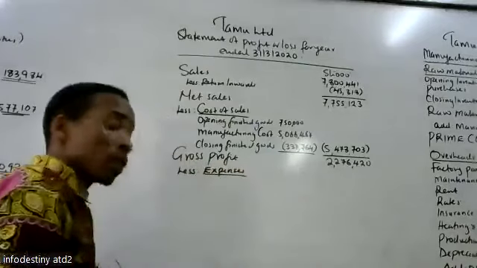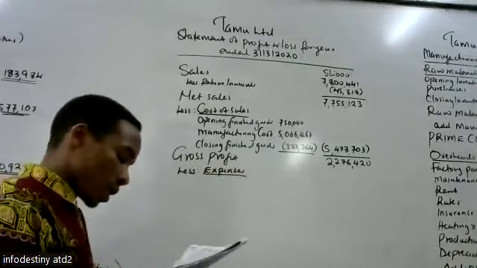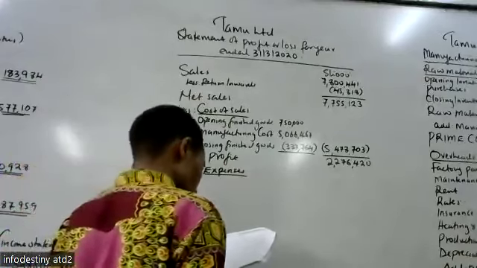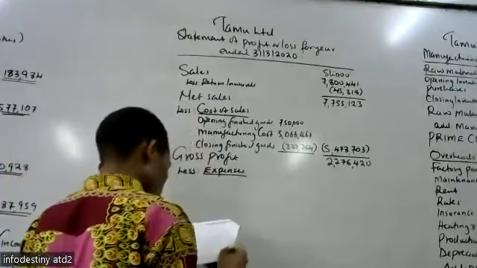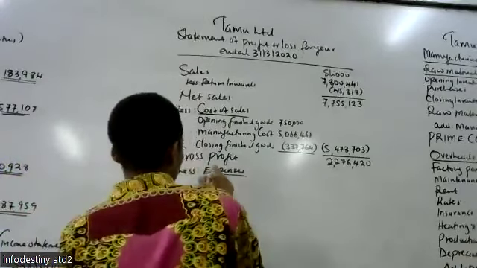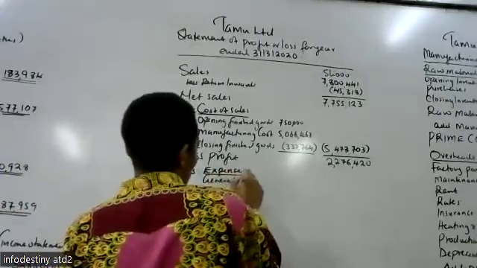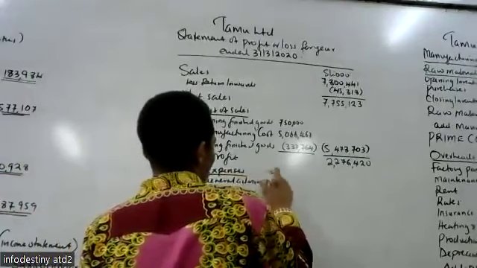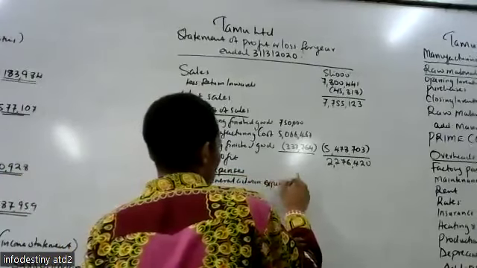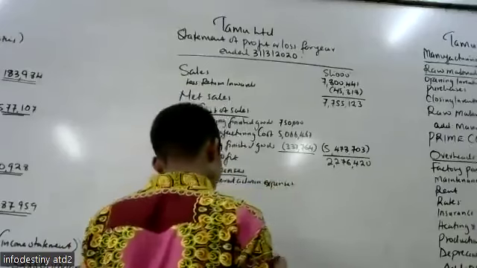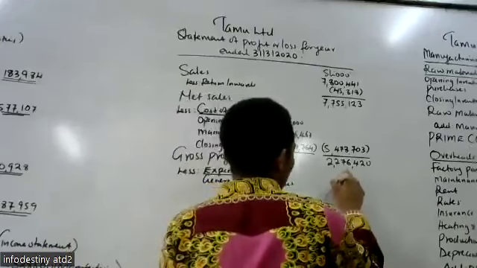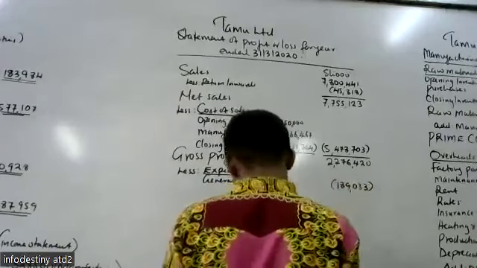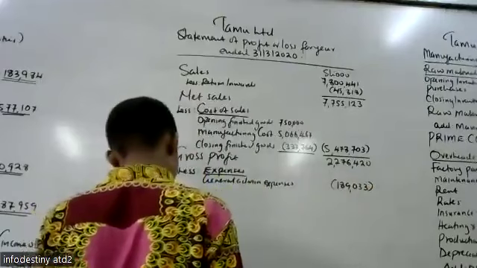For the expenses, we can pick the ones which are just direct, the expenses that do not need adjustments. So we have general administrative expenses, 189,033.